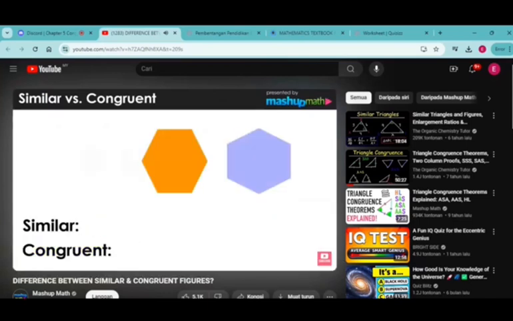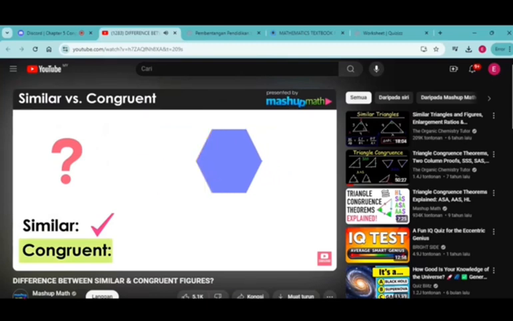Let's look at two more figures. To see whether or not they are similar, we have to change the orientation so that they're both facing in the same direction, which helps us to see that yes, they are the same shape. They are both regular hexagons. We can also see by overlapping the two figures that they are identical in size.